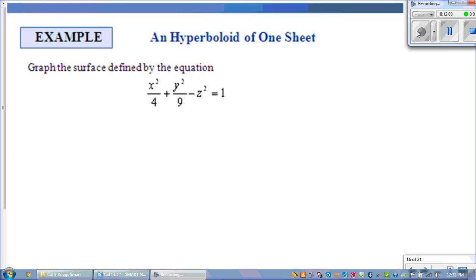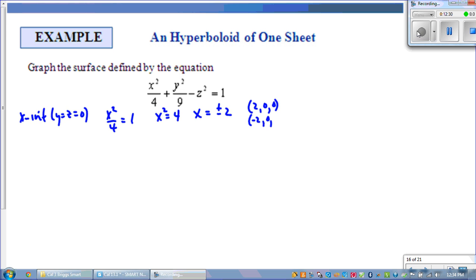So now let's look at this surface. X-intercepts. So x is either 2 or negative 2. So that gives us the points 2, 0, 0, and negative 2, 0, 0. Y-intercepts. We would have y squared over 9 equal to 1.